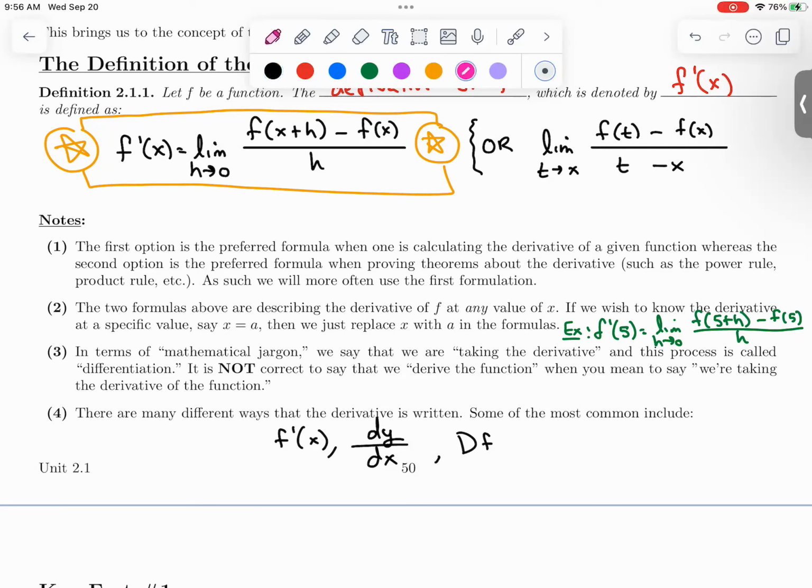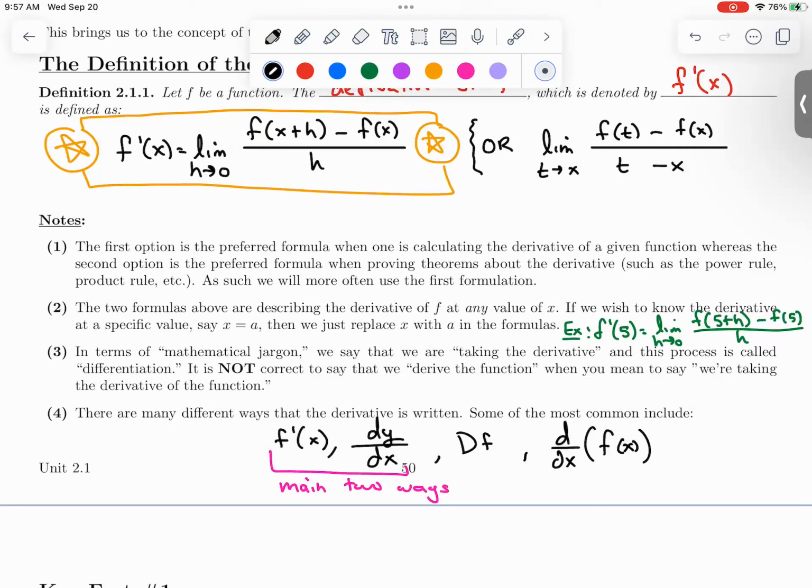But these are the main two ways: f prime and then dy dx. Another way to write it is d dx of f of x. And so d dx means take the derivative with respect to x. We'll talk about that in a little bit.